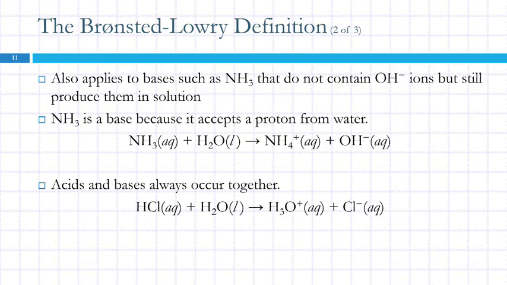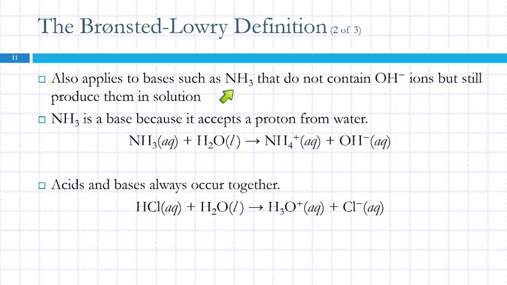This definition also works really well for bases like ammonia. NH3, you look at that formula and you probably wouldn't recognize that as a base. Things like calcium hydroxide, sodium hydroxide, potassium hydroxide, they've got OH in them, right? So sure, those are bases. NH3, how does that make a hydroxide ion?